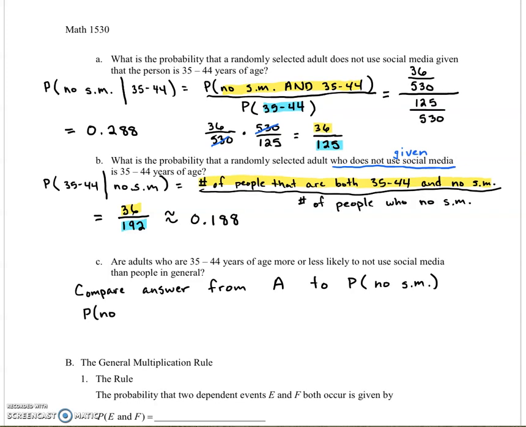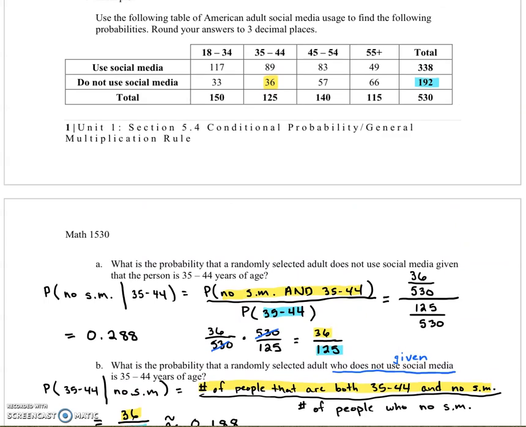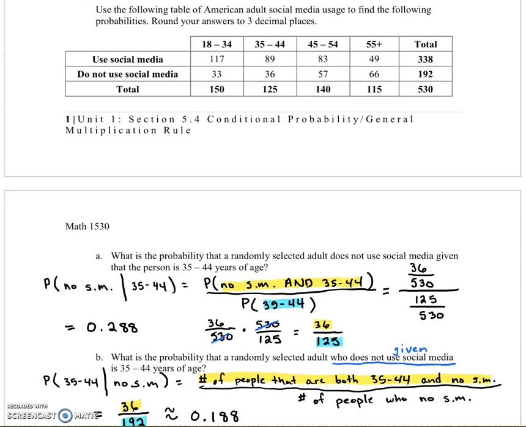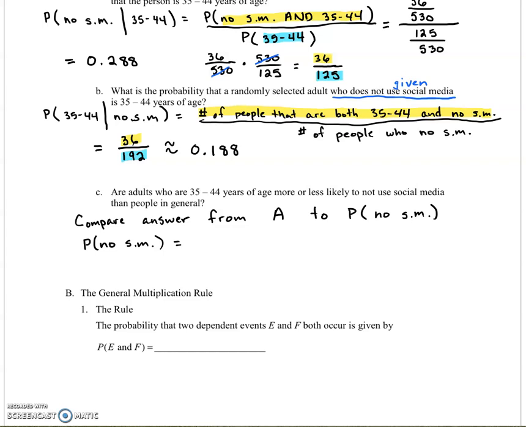So the probability of no social media is, if we go back up here, let's erase our numbers. There are 192 total people that we surveyed that do not use social media out of 530 total people. So 192 over 530. And if you plug that into the calculator, you get approximately 0.362.